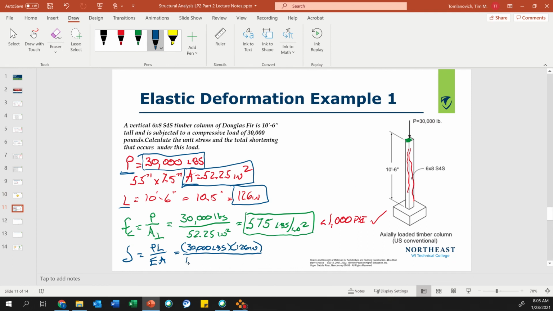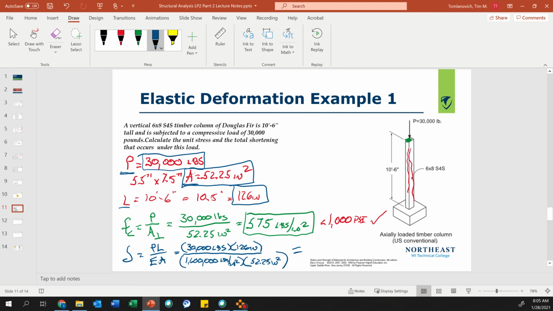So 1,600,000 pounds per square inch times my area, which is 52.25 square inches. So now it's order of operations.